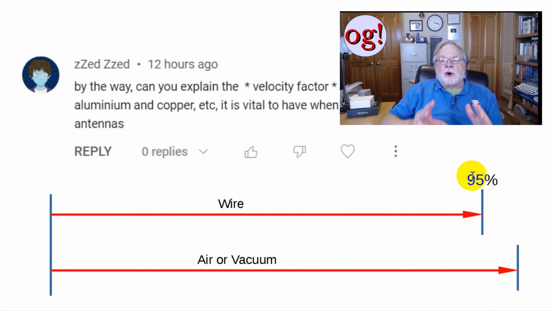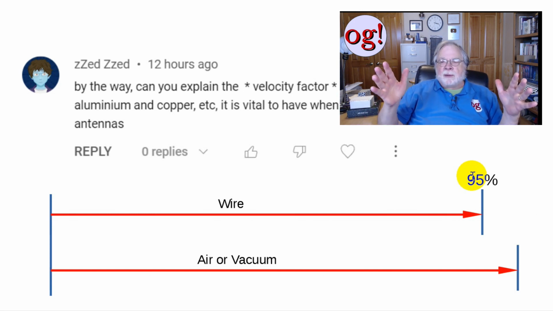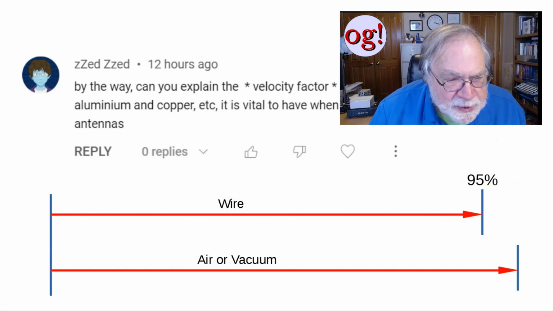If you're doing coax, some of the older coax, I think with the polyethylene in the middle, the old RG8, which is ancient stuff, and I don't think anybody uses it anymore because it's hard to work with. But it has a velocity factor of 66%.